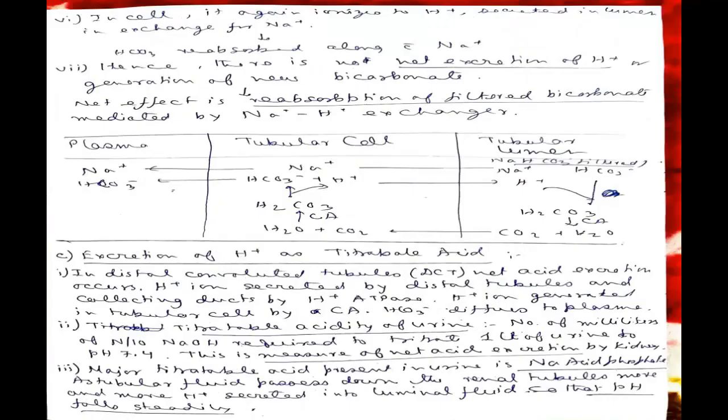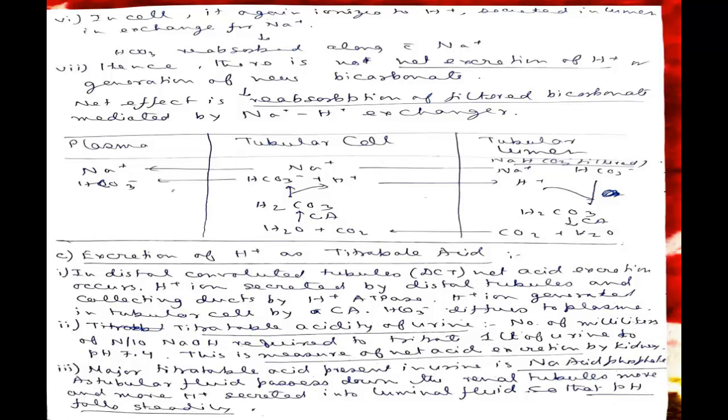In the cell, it again ionizes to H plus and is secreted in lumen in exchange for sodium. That is, sodium is reabsorbed from tubular lumen to tubular cells along with bicarbonate. Hence, in this process, there is no net excretion of hydrogen or generation of new bicarbonate. Its function is to reabsorb the filtered bicarbonate mediated by the sodium hydrogen exchanger.